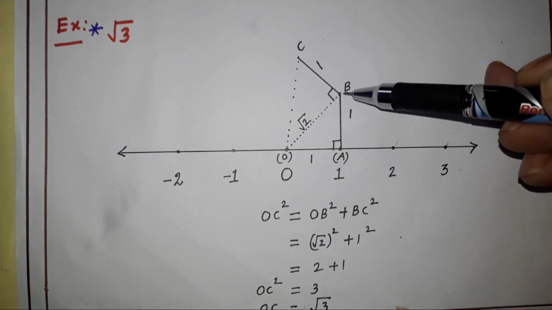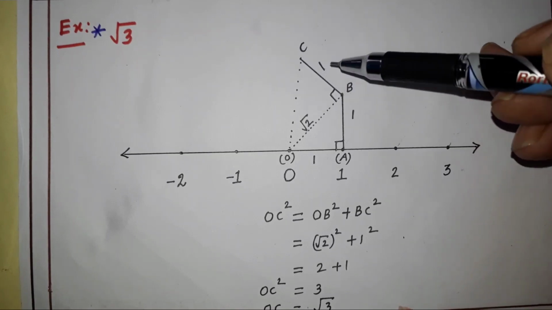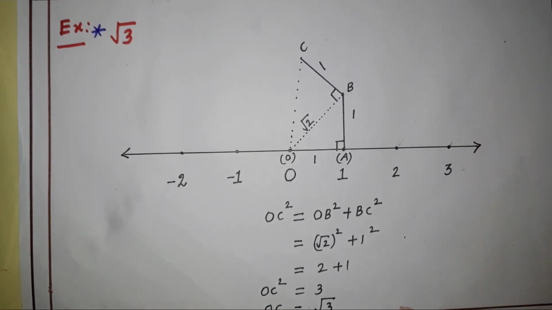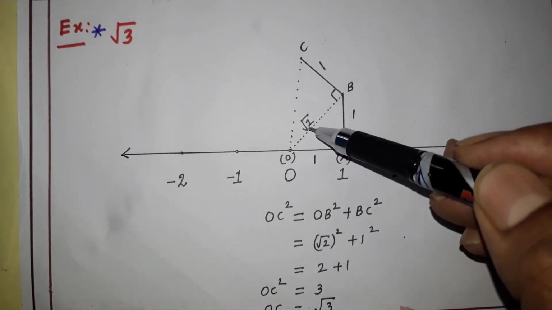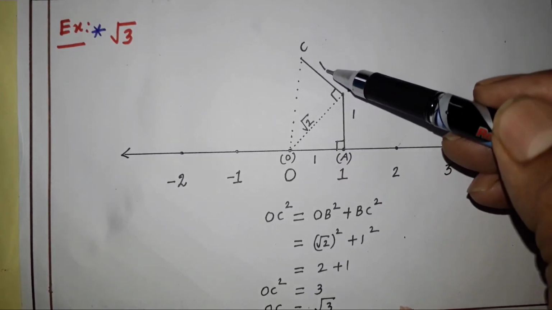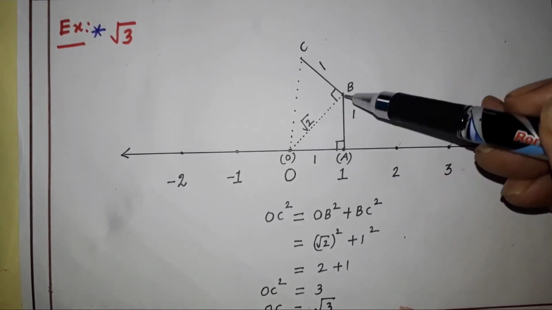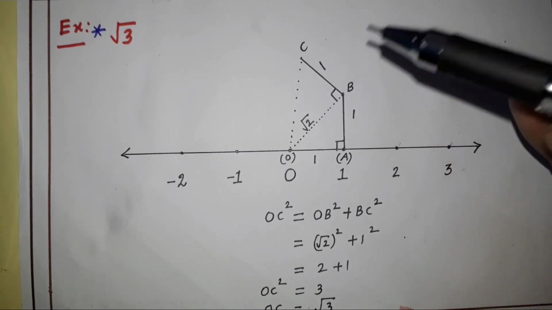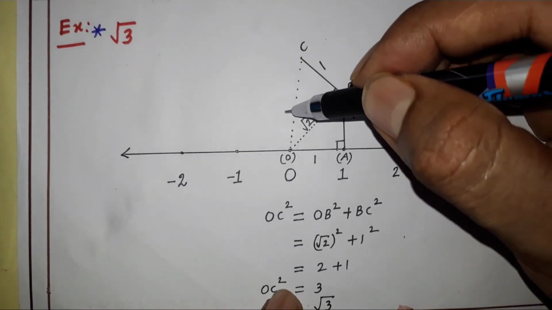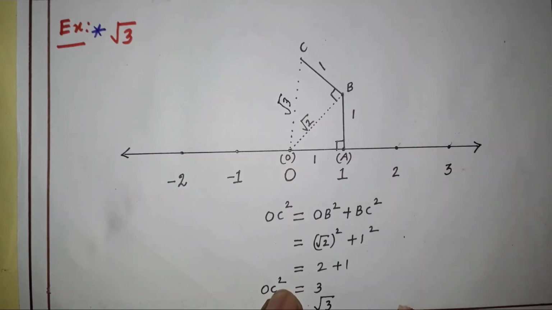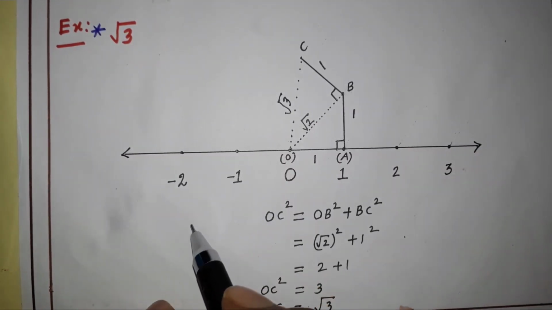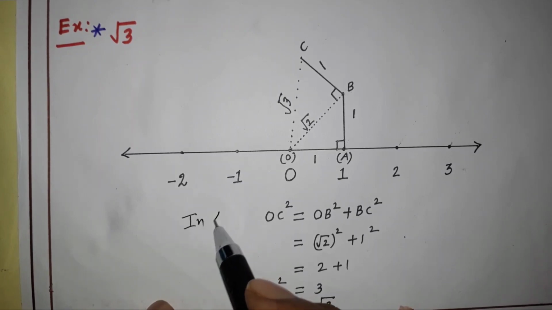Next, at B you draw a perpendicular which is equal to 1 unit. Then OB is equal to root 2, BC is equal to 1. You join OC. Then OBC becomes a right angle triangle. Then OC will be equal to root 3 units.